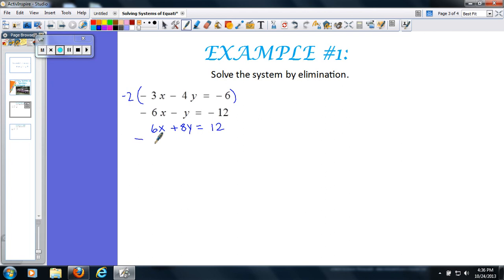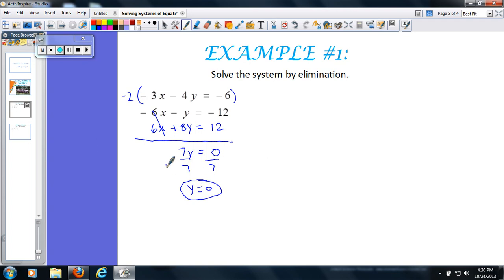Now I have this equation and the one I just wrote, and I'm going to add them together. These will cancel out. That gives me 7y equals, and 12 and negative 12 is 0. I divide by 7, and I get y equals 0.